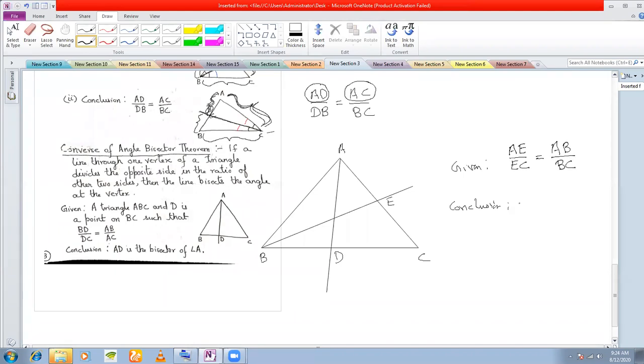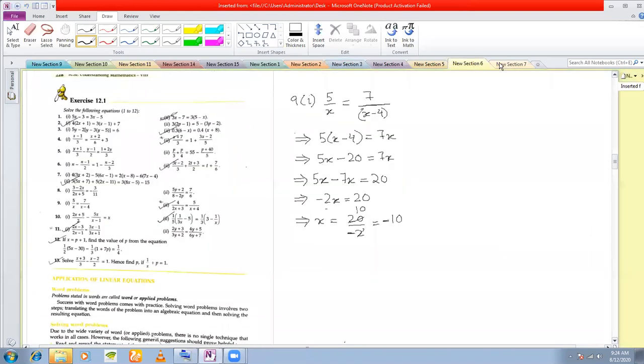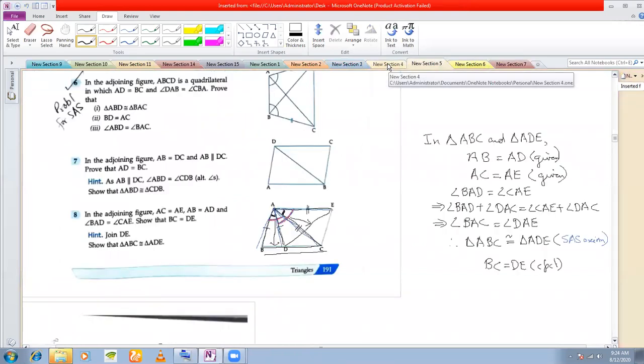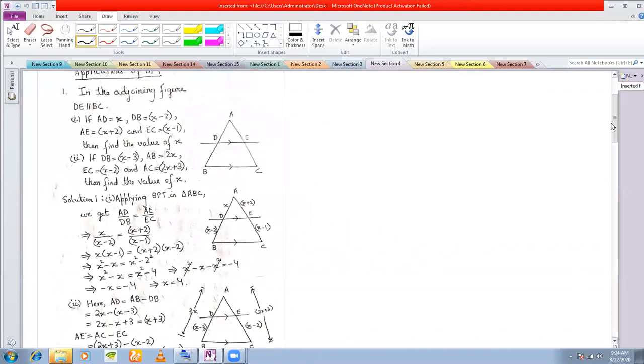Then you can say that BE bisects angle B. Okay, this is the converse of the angle bisector theorem. Let us now move on to the applications of BPT and some applications of the angle bisector theorem. Applications of BPT. Look at this.